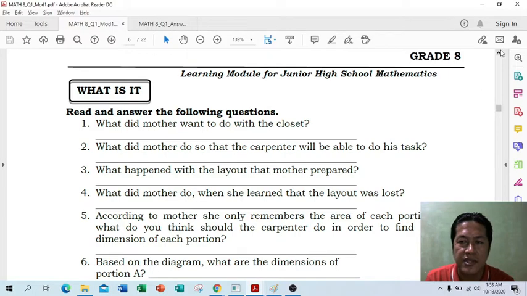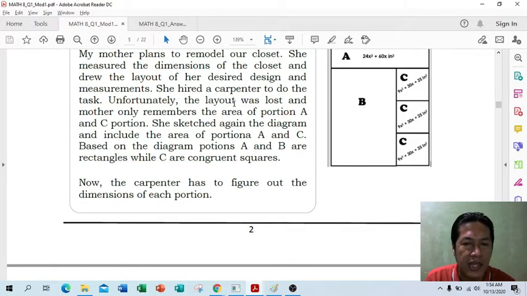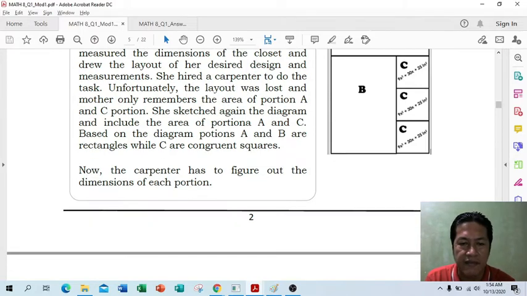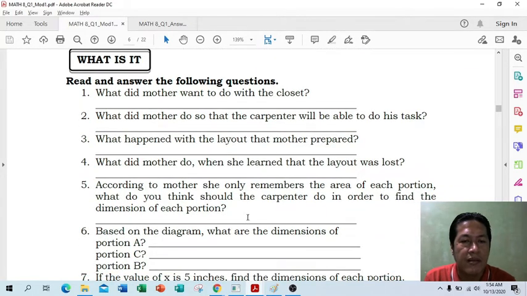She lost it. What did mother do when she learned that the layout was lost? She made a new one. According to mother, she only remembers the area of this portion. What should the carpenter do in order to find the dimension of this portion? He has to find the dimension. Okay, so you answer that, all of it.